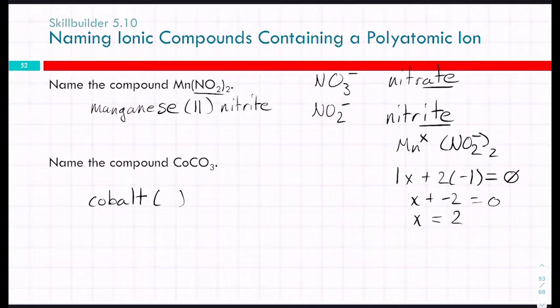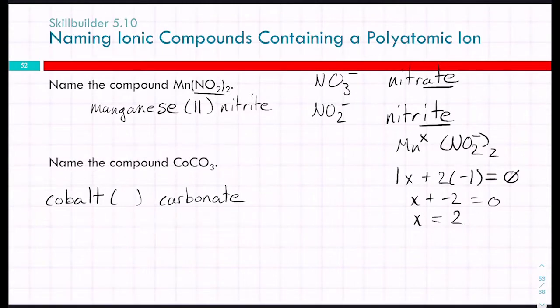And then CO3 is the polyatomic ion of carbon, and its base form has 3 oxygens. So this is carbonate. So it's cobalt carbonate.